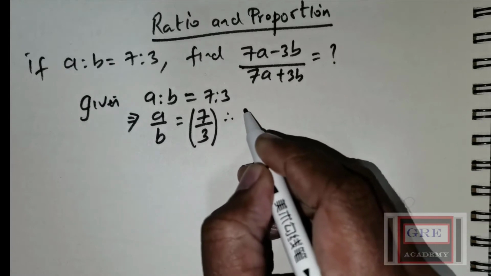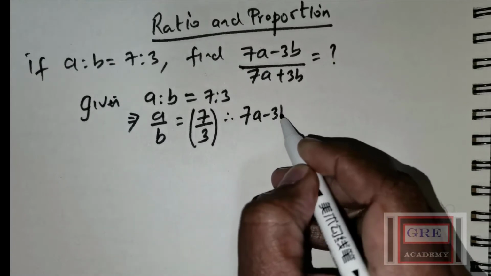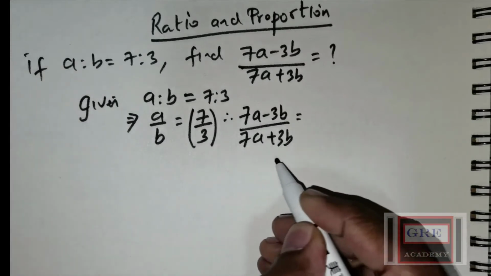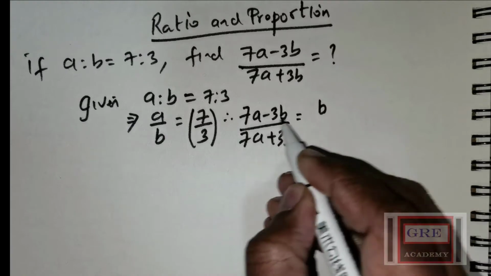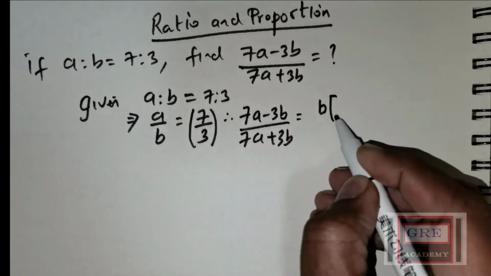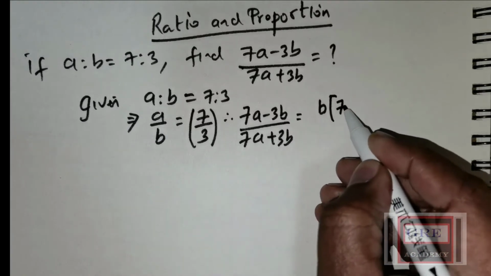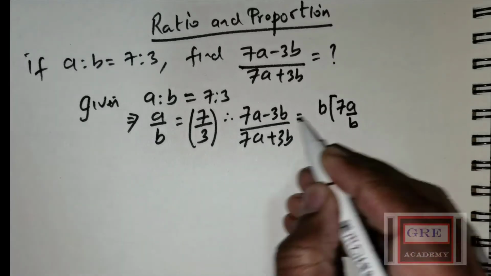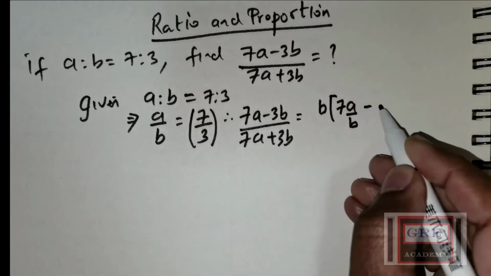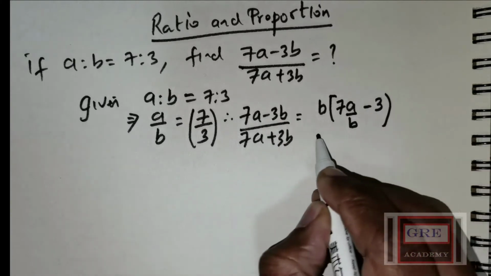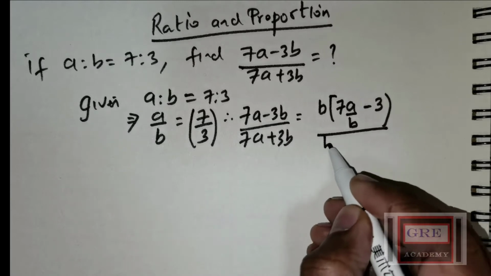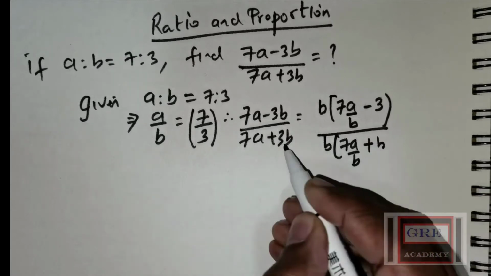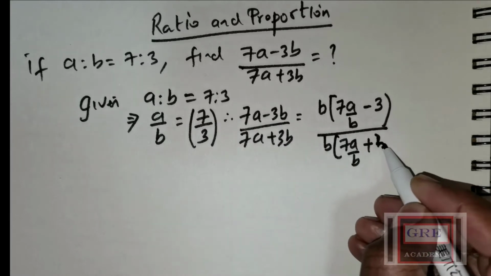So therefore (7A − 3B) divided by (7A + 3B) can be rewritten as, I'm going to take B out. So I can write 7A as 7 times A divided by B, and 3B is just going to be 3, divided by, I'm going to take B out, B of 7A divided by B positive, B is taken out, so this is going to be 3.